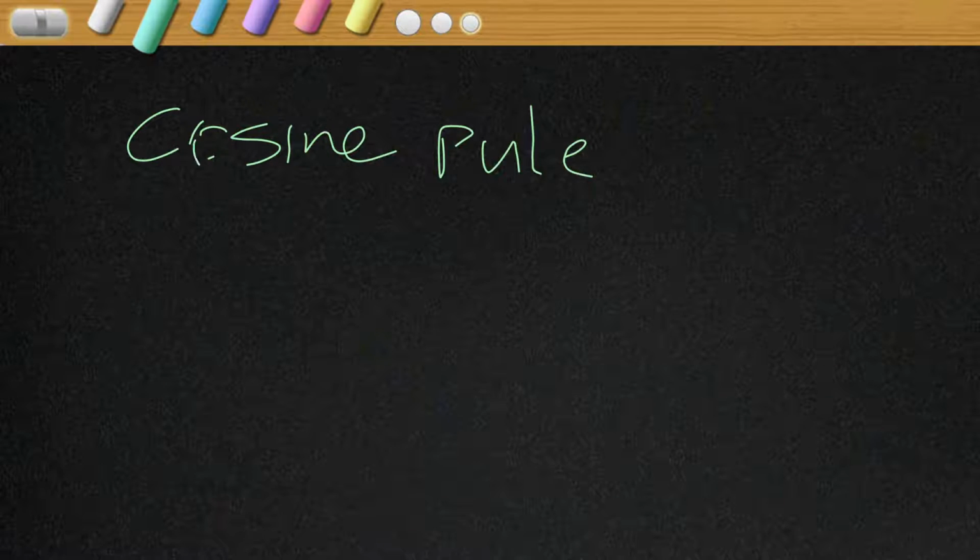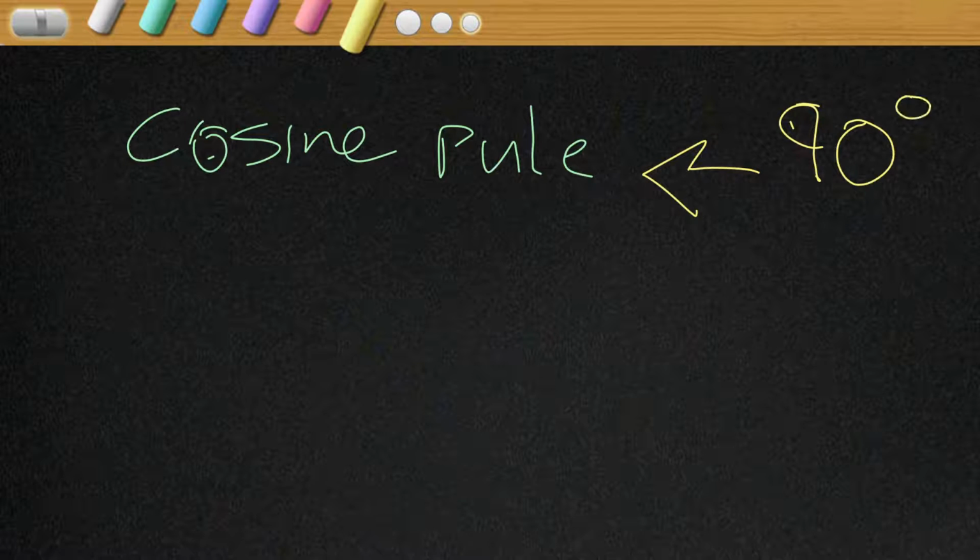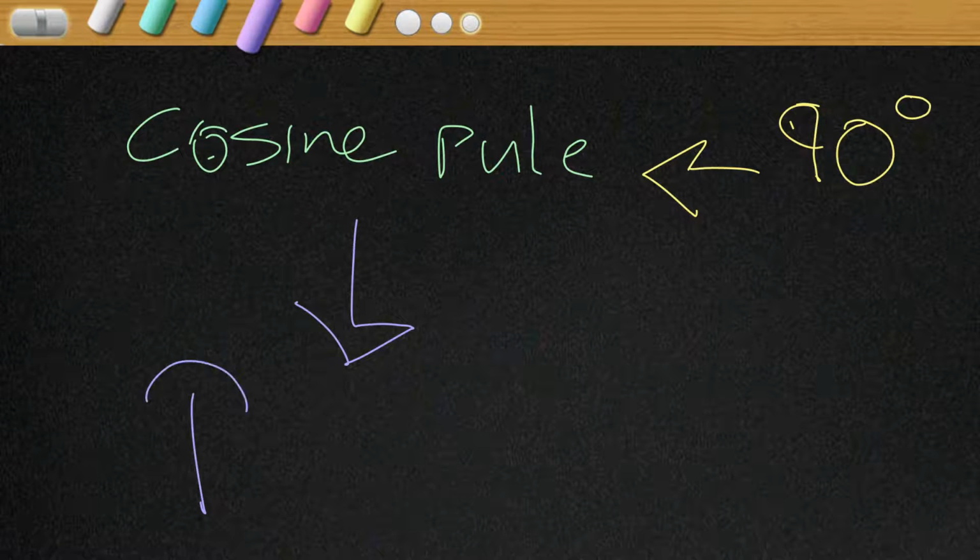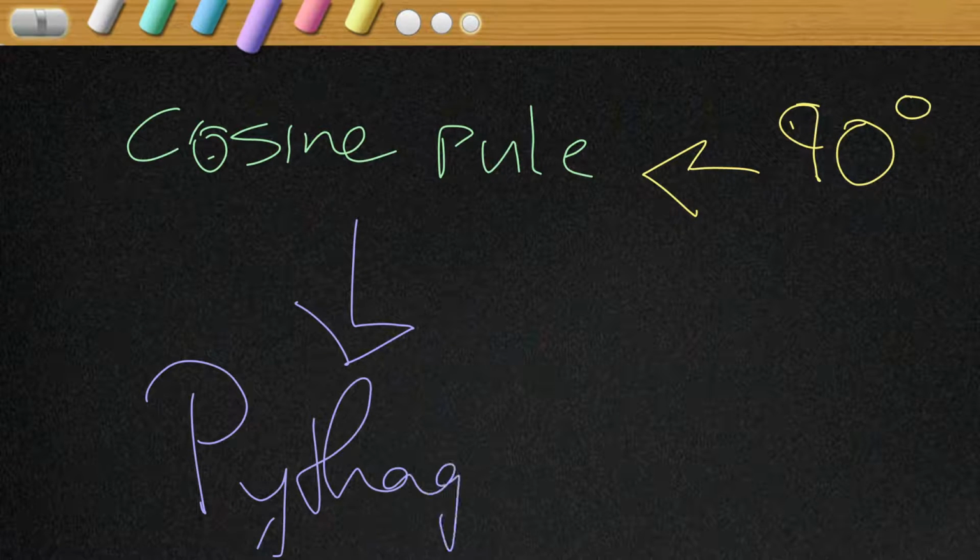So let's write it in a better way. If in the cosine rule we put in 90 degrees, we will have an output of Pythagoras theorem.